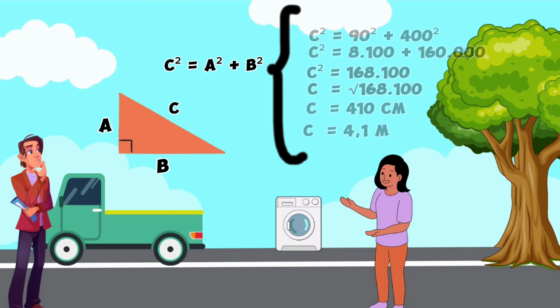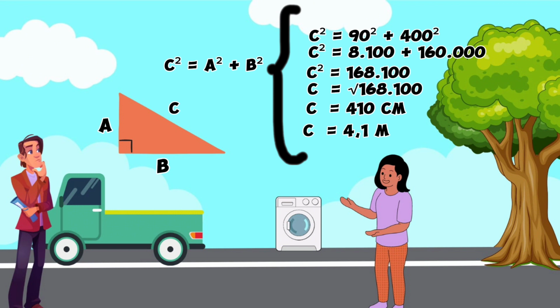This gives 90 squared plus 400 squared equals 8,100 plus 160,000 equals 168,100. If we take the root, the result is 410 centimeters. If converted into meters, it becomes 4.1 meters.